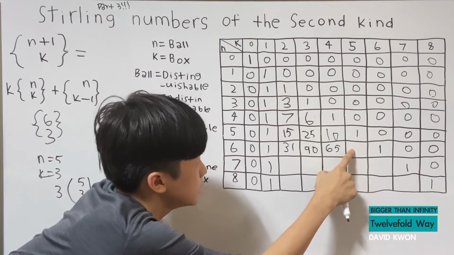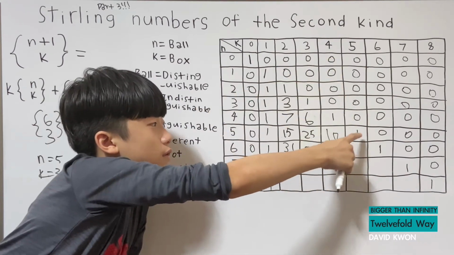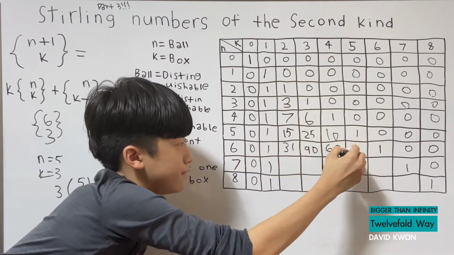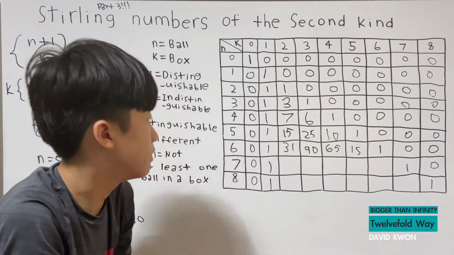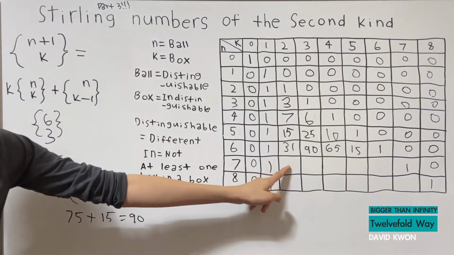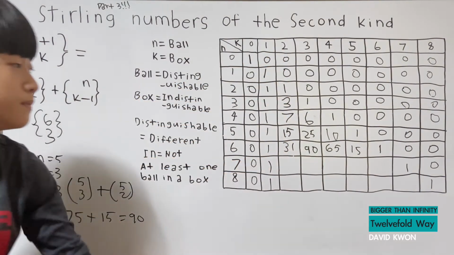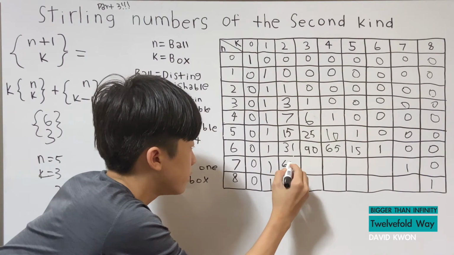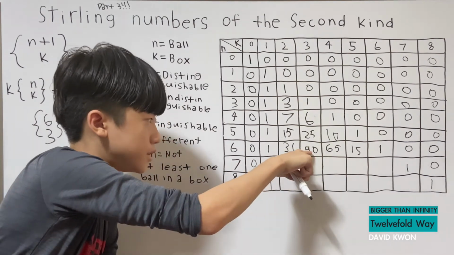And if we want to find this, let's times 5, because we are on column 5 of 1. So 5 plus 10 is 15. Now this should be right. Now if we want to find this, times 2, because we are on column 2 of 31. That's 62, plus 1, which is equal to 63. And that's right.